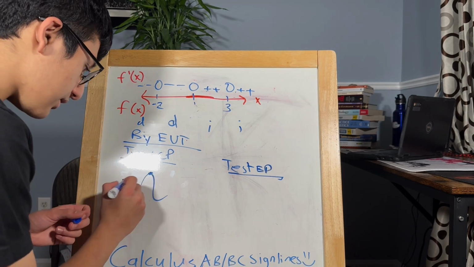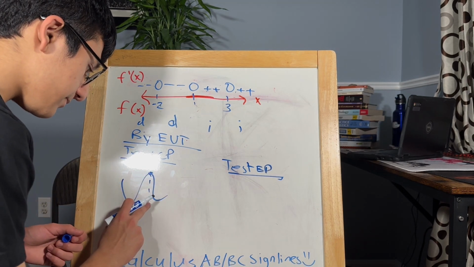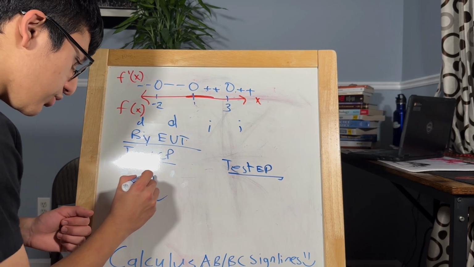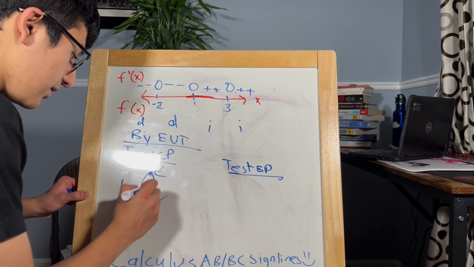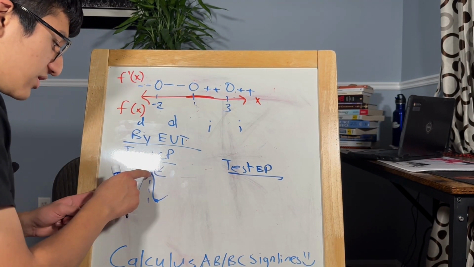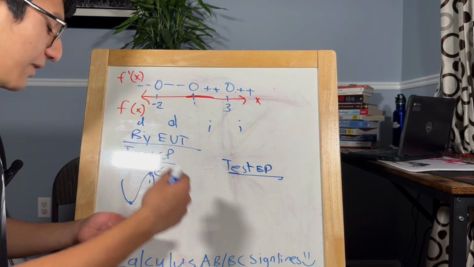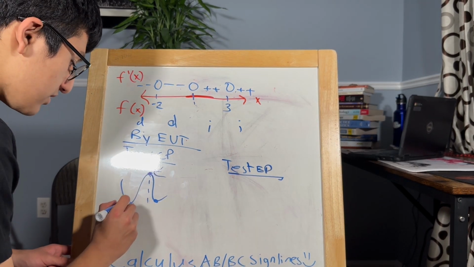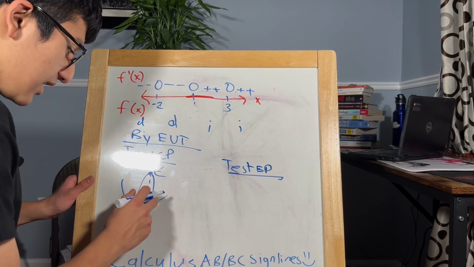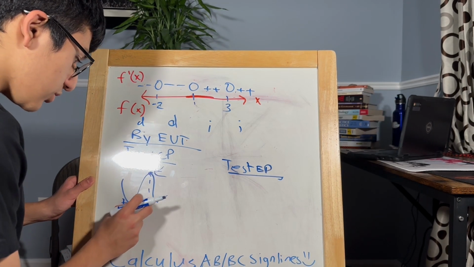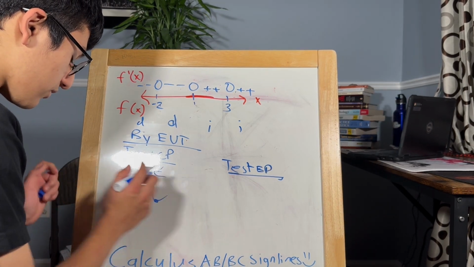You would plug in the x value here, and it would return the value of the function, which is the greatest out of all of them. So therefore, this is the absolute maximum, and this would be the absolute minimum because it's a critical point, and it's the lowest out of all three on the function.